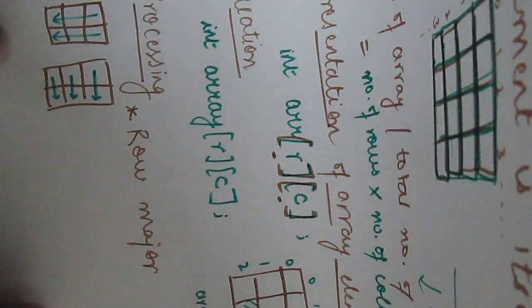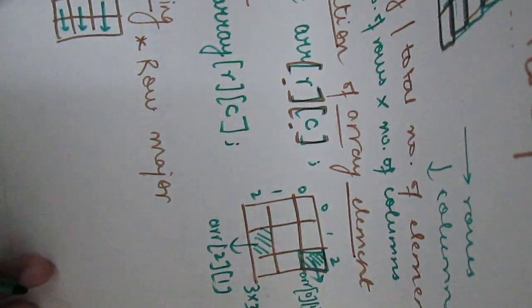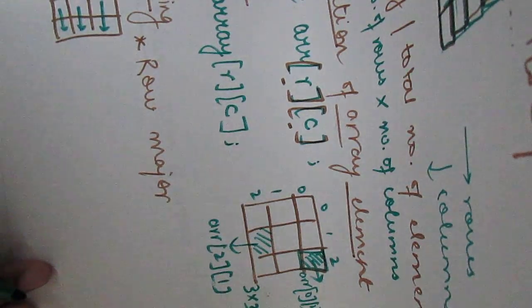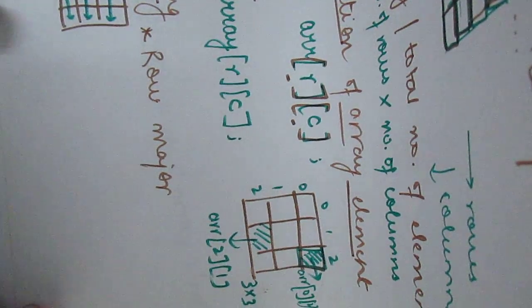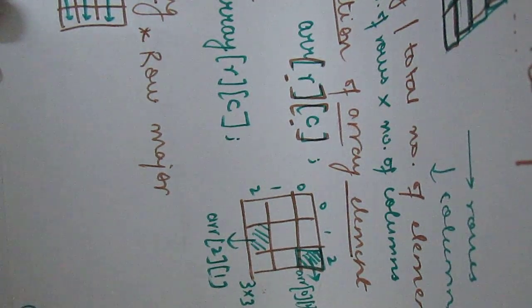It does not make any difference, but while printing the array, you can use either way. It depends on your convenience. I prefer row major over column major because I have the habit of writing in row major, but you may write in any way you wish to.